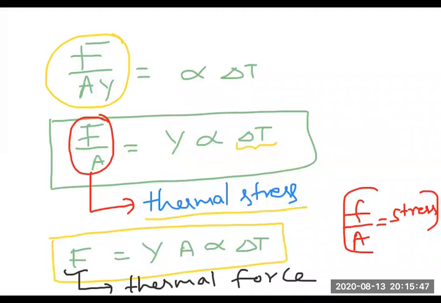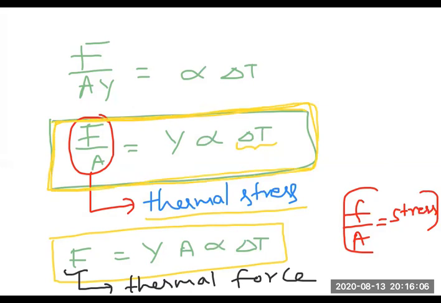With the coefficient of linear expansion, I got alpha delta T. So we equated those two RHS. Then I can write F by A is equal to Y alpha delta T.